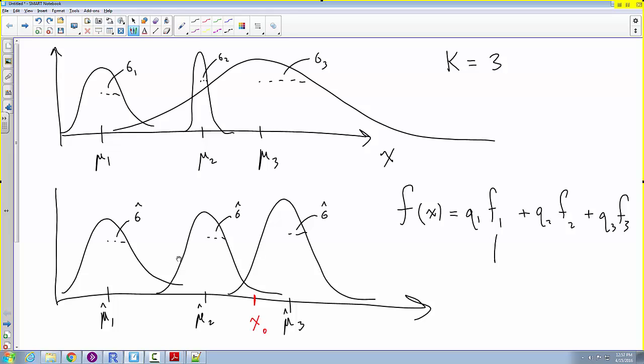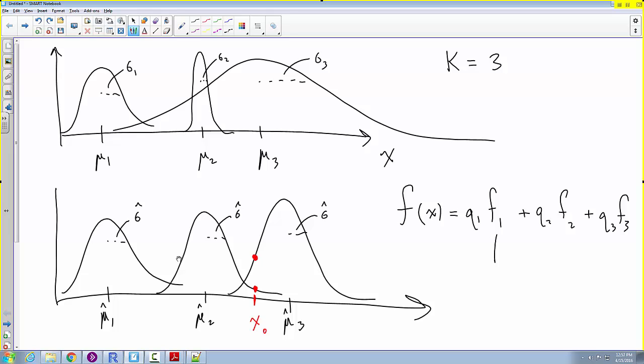One way to ask would be who's got the highest density. This mu1 is basically at 0. So the question is really between class 3 and class 2. Class 3 has higher density at that location, so we would classify to that.